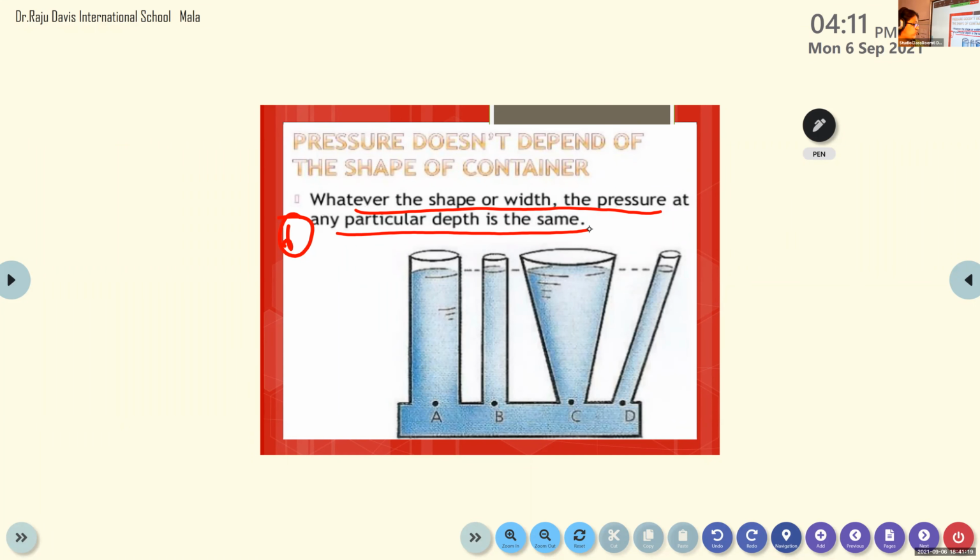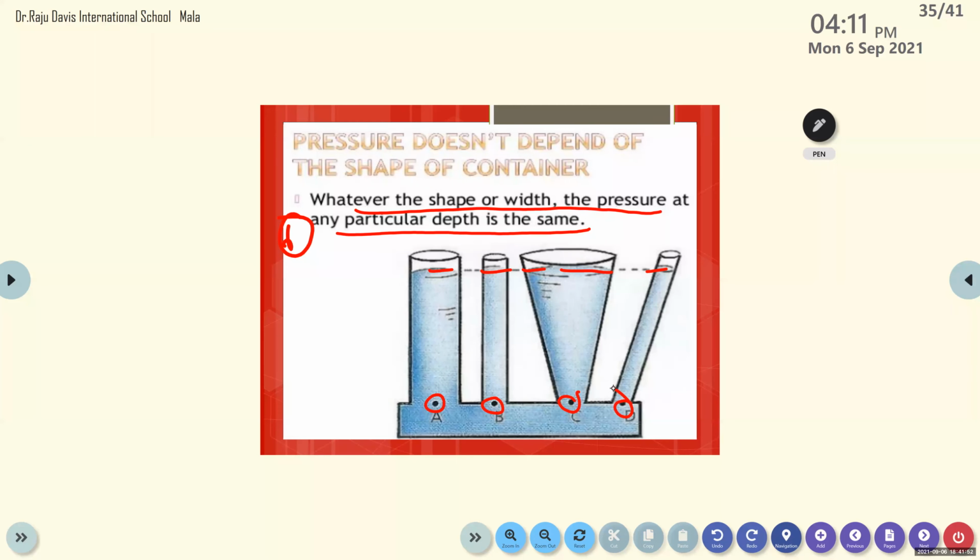If you look at this picture, A, B, C, D are different shapes of containers fitted with the pipe, and in all the containers you can see the water level is the same. So A, B, C, D experience the same amount of pressure, whatever the shape or width.